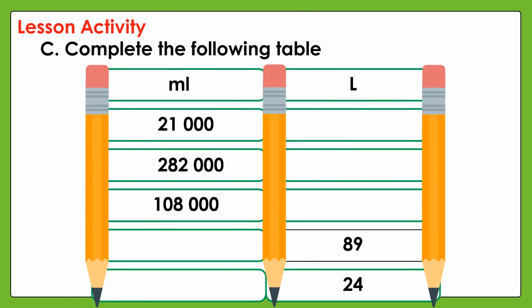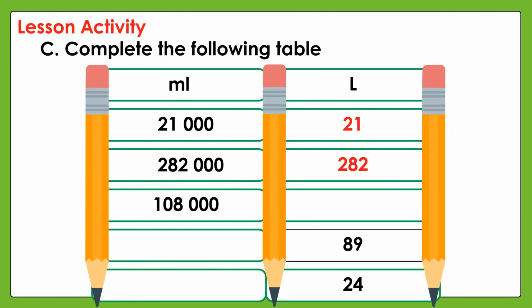Lesson activity letter C. Complete the following table. Milliliters to liters and vice versa. Number 1, 21,000 milliliters is equal to 21 liters. Number 2, 282,000 milliliters is equal to 282 liters.